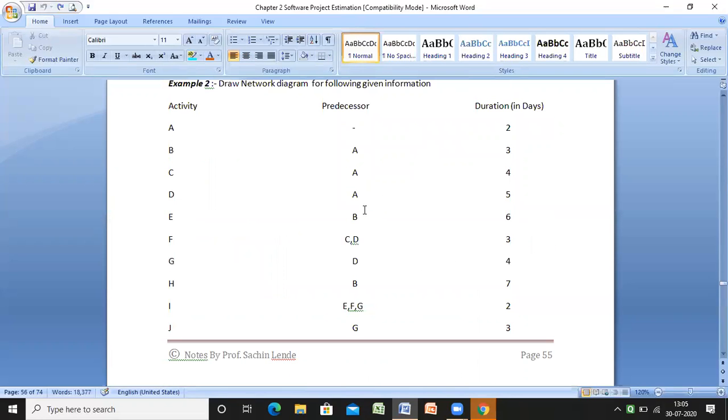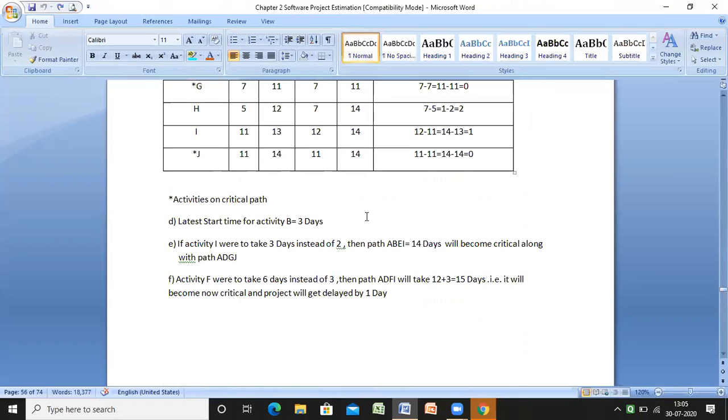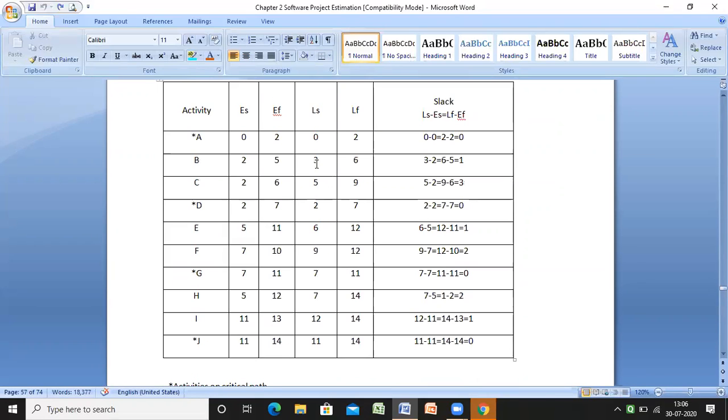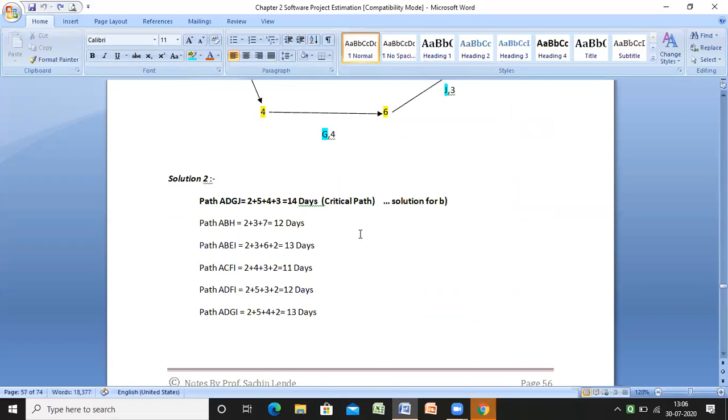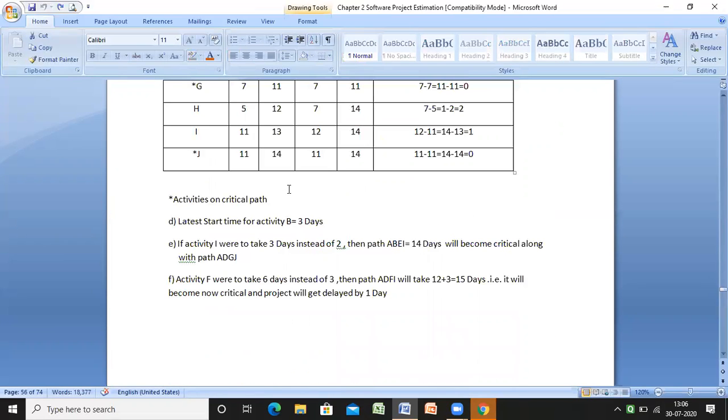Activity B is 3 over here. Yes, this is it. The activity has 3 days here, so the latest start of the activity is equal to 3 days.